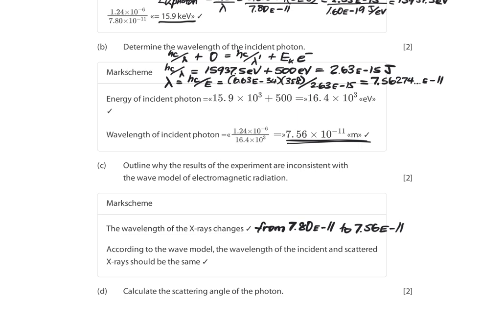The wavelength of the X-rays changes from 7.8 times 10 to the negative 11 to 7.56 times 10 to the negative 11, which makes sense from energy and from a particle perspective, because the energy of the photon is transferred to the electron as a result of the collision, so the photon after the collision loses energy, therefore has a longer wavelength, and oops, that's 7.56 to 7.8, let me fix that. There's a loss of energy, so wavelength goes up, but according to the wave model, wavelength should stay the same.